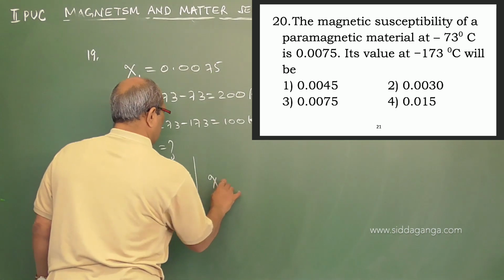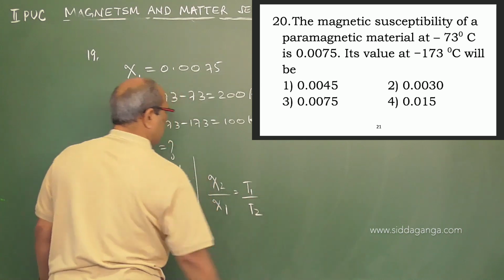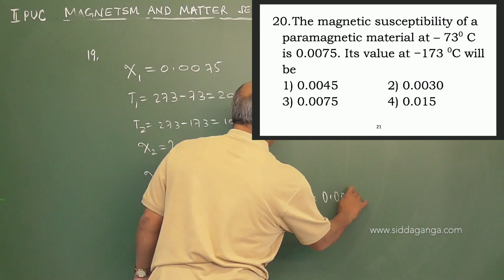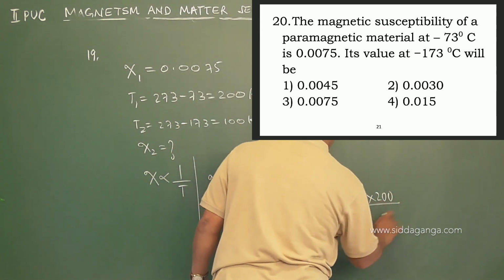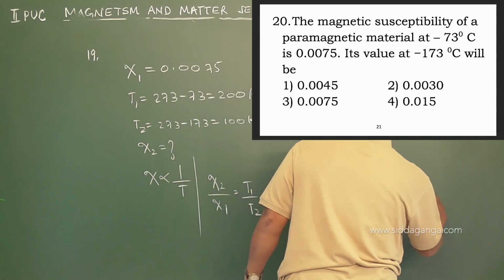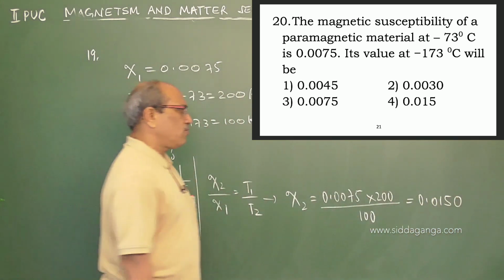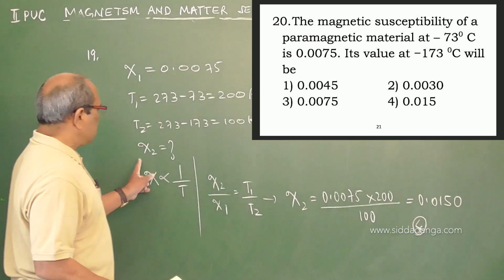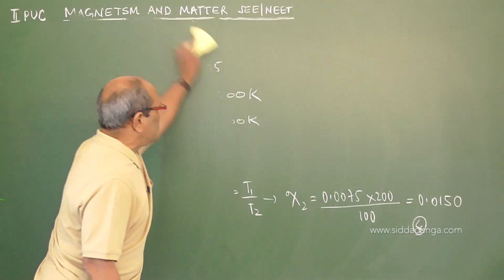Therefore, I can write chi2 by chi1 equals T1 by T2. This implies susceptibility equals 0.0075 into 200 by 100. So this gives you 0.0150. Option number 4. So susceptibility is inversely proportional to the temperature is the relation for that.